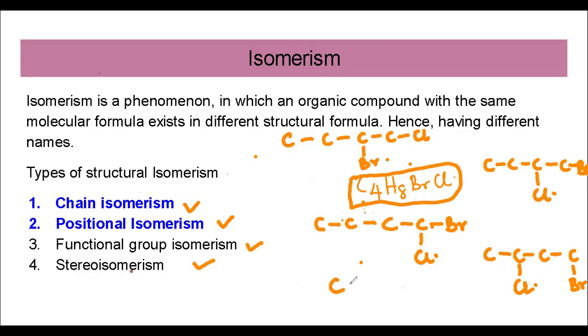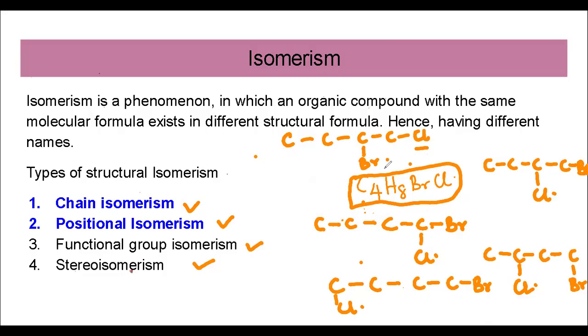So let me draw again. I have bromine and then chlorine shifting to the fourth. Now let me say something. From your understanding of probability in math, this is possible because I have similar things.